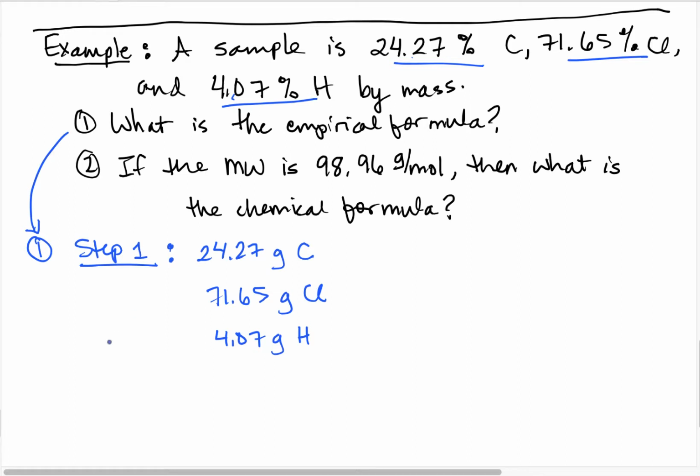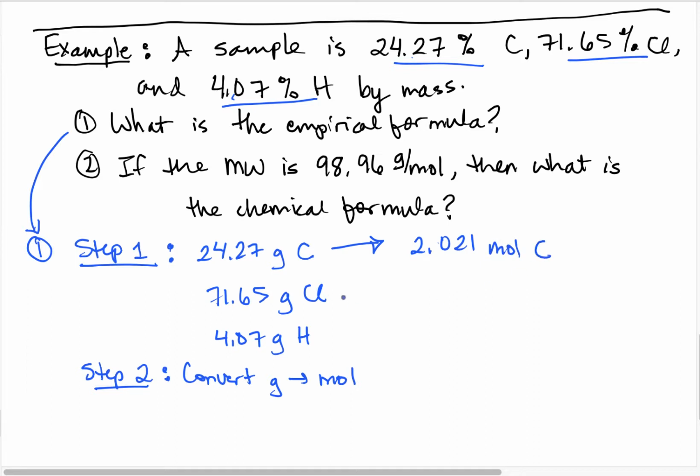In our step 2, we're going to convert grams to moles. So you should have gotten 2.021 moles of carbon, also 2.021 moles of chlorine, and 4.04 moles of hydrogen.